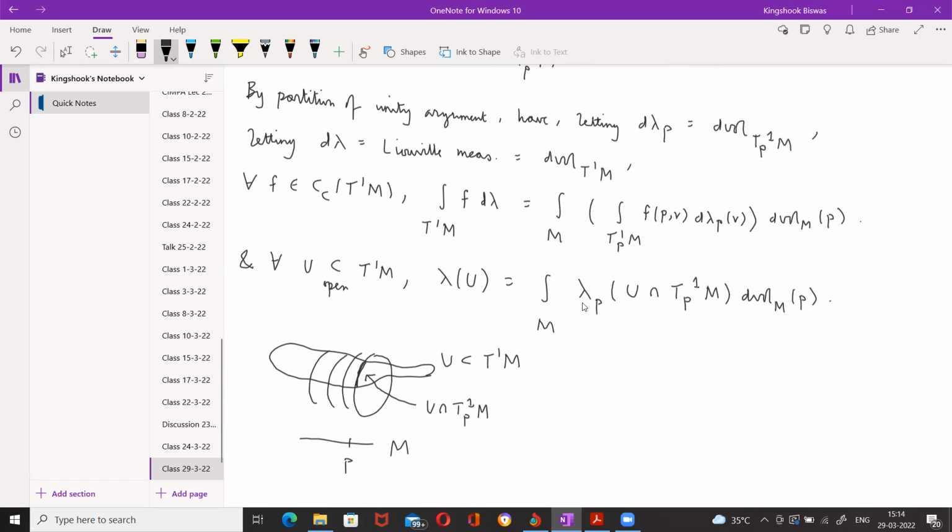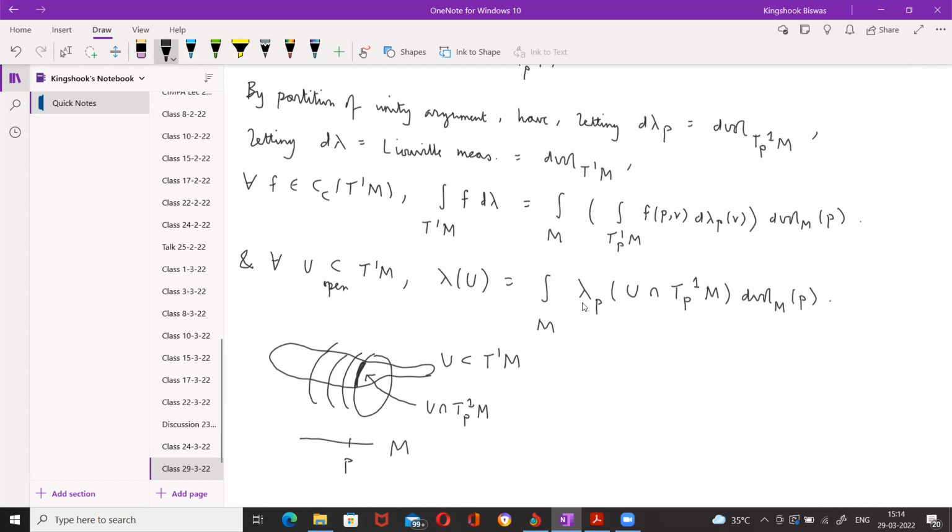Is it clear? Can you please repeat the explanation? Yeah, so this integral means what? I take each point P in the base, I look at the intersection of my subset U with this unit tangent sphere. That's this part here, right? This is U intersect TP1M. This black part.